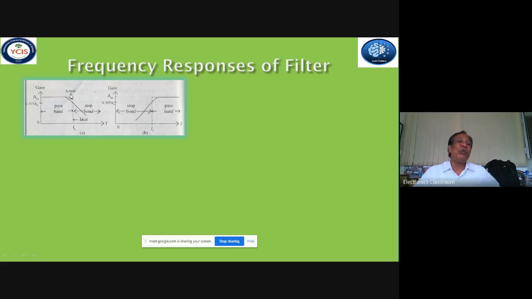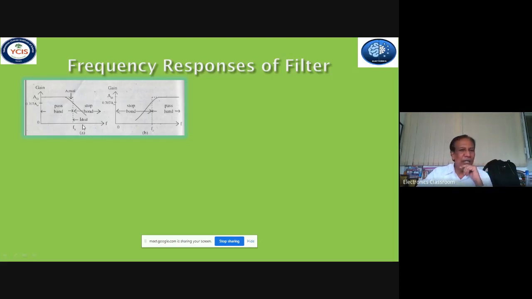It immediately drops to 0, meaning the output power is 0. Beyond this frequency there is no transmission of the signal from F equal to FC to F equal to infinity. That is known as the stop band. The higher frequencies are rejected and the lower frequencies are allowed to pass from source point to destination point, so the filter is known as a low pass filter.